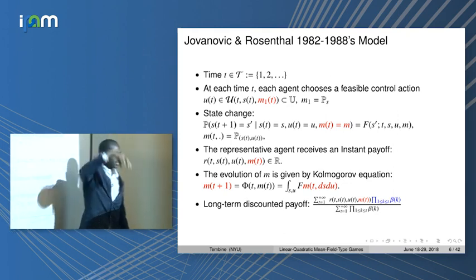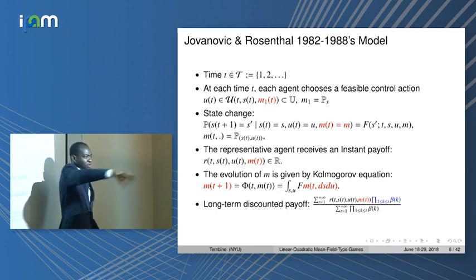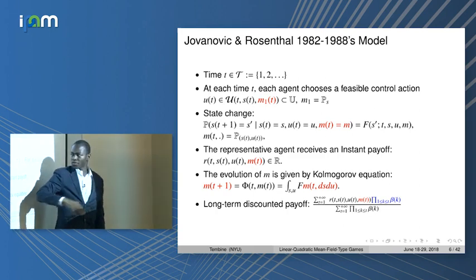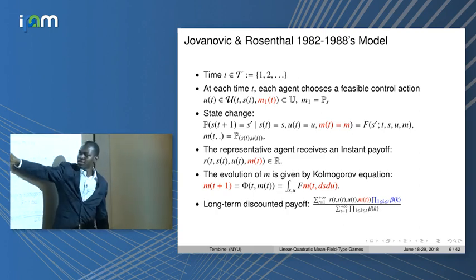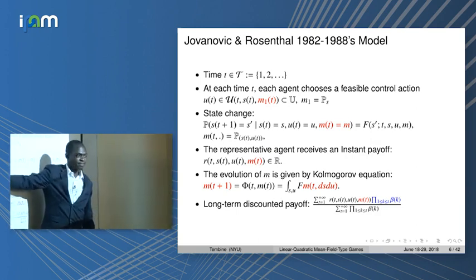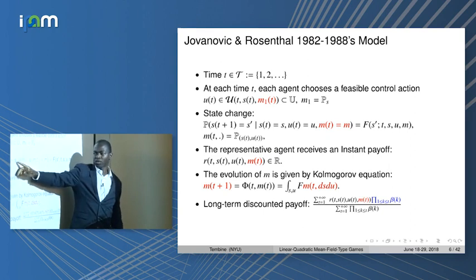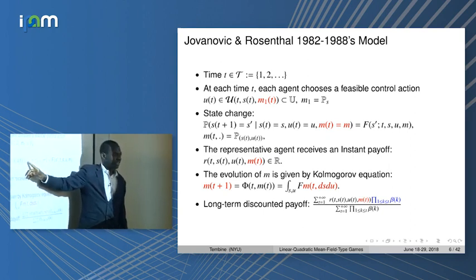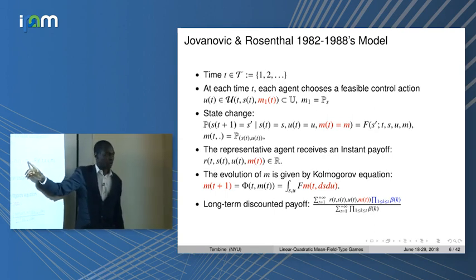For example, if you are in a crowded area, you couldn't move because the crowd is around. This is a constraint. Now, how does the state change? Well, in his model, the next state is given by where you are, so the current state, what you are doing, and a mean-field object.